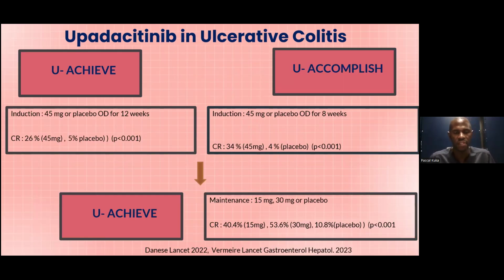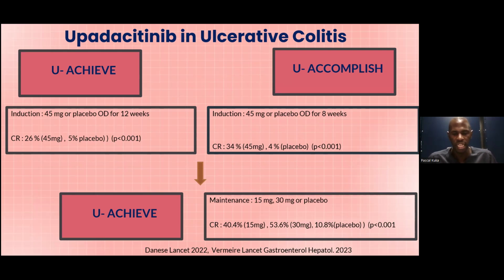In ulcerative colitis, the induction trials were U-ACHIEVE and U-ACCOMPLISH, which in terms of induction utilized 45 milligrams for 12 weeks, and clinical response was significant at 26% compared to 5% of placebo in the U-ACHIEVE trial, and similar results were also achieved in the U-ACCOMPLISH trial.